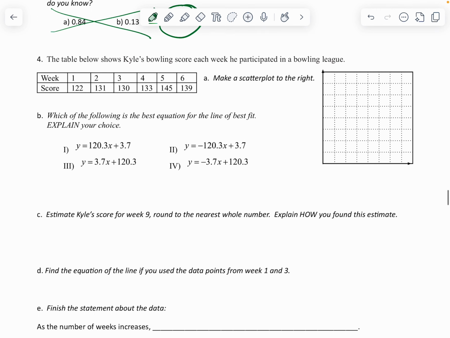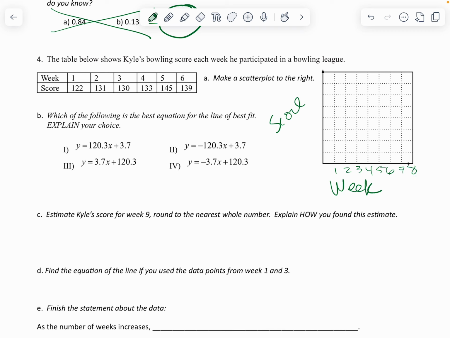Okay, the table below shows Kyle's bowling scores. Each week he's participated in a bowling league. So down here we have the week, and over here we have the score. So we have week 1, 2, 3, 4, 5, 6, 7, 8.